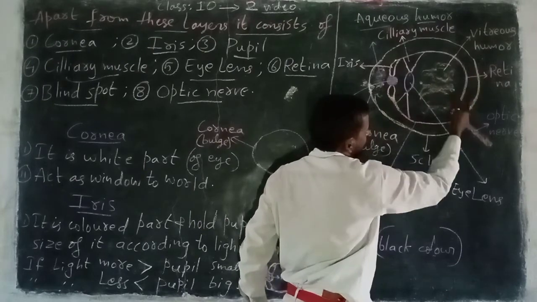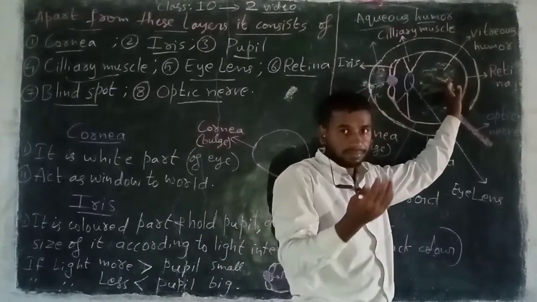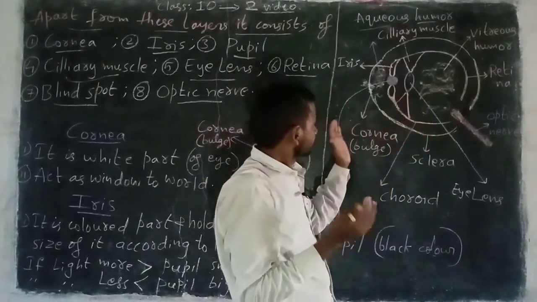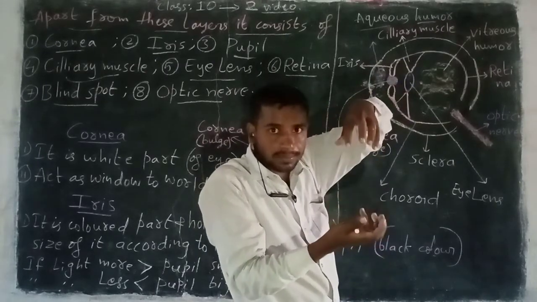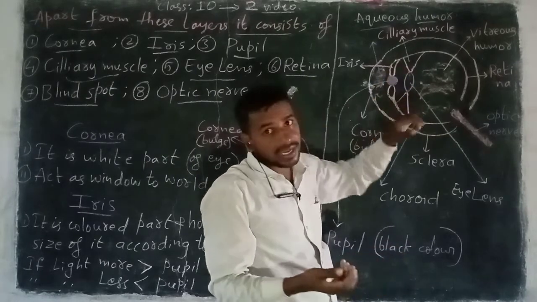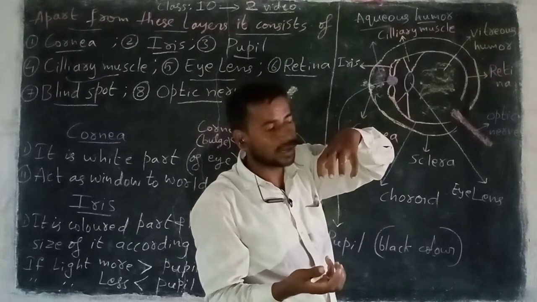The inner side layer is called retina. And this pupil is held between two irises, upper iris and lower iris.